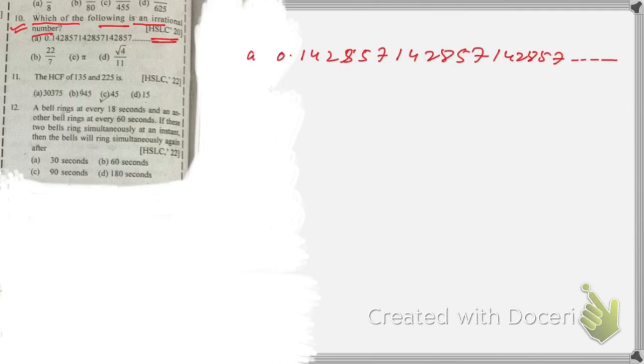Next one is 22/7, and next one is pi. Next one is √4/11. So here it is asked which one is irrational. Now you see, pi is irrational, remember that.